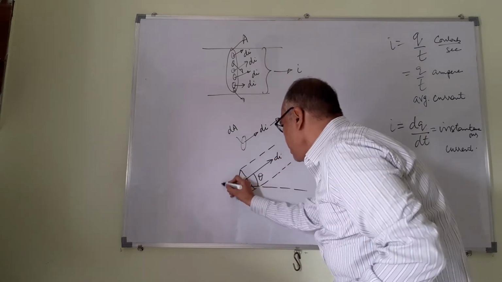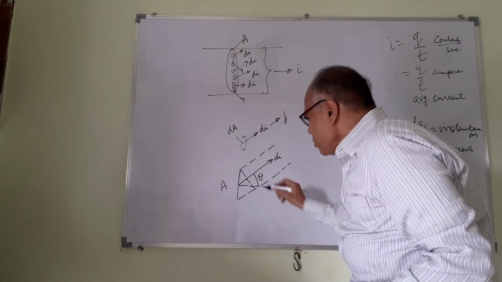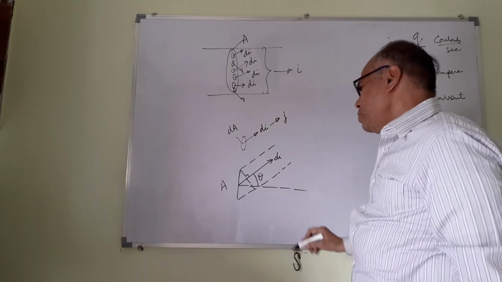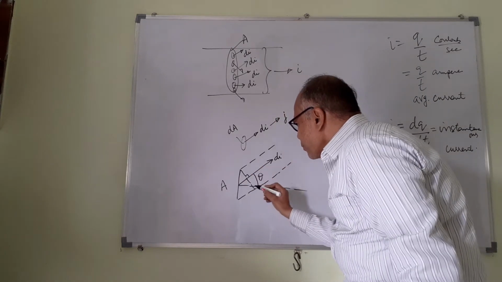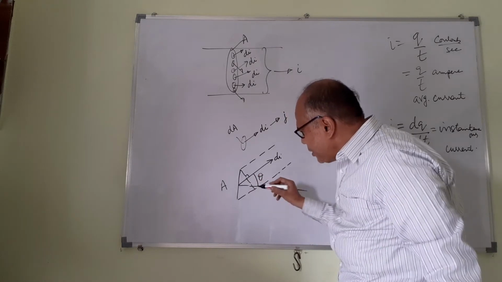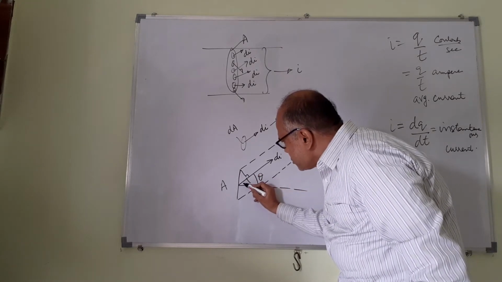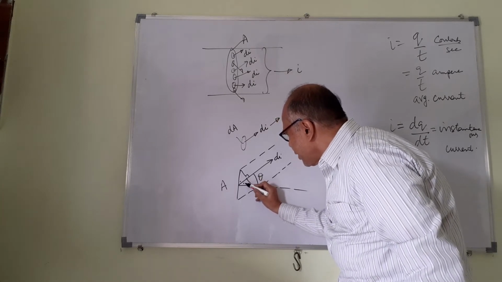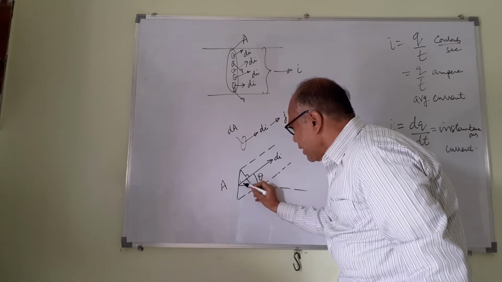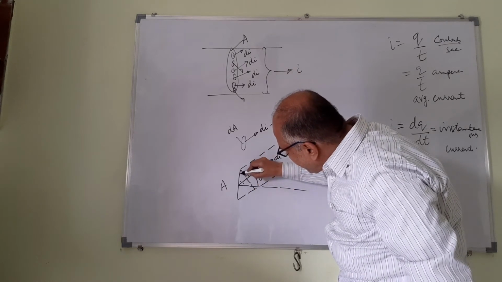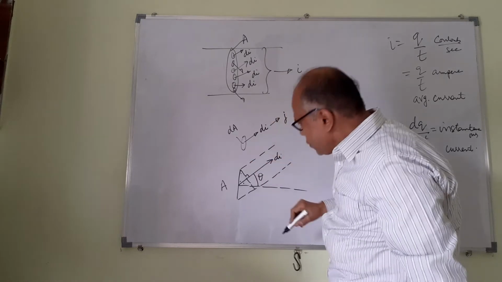Now if you see, this is 90 here, and this is also 90. This angle plus this angle is 90, theta plus this angle is 90, and this angle plus this angle is also 90.